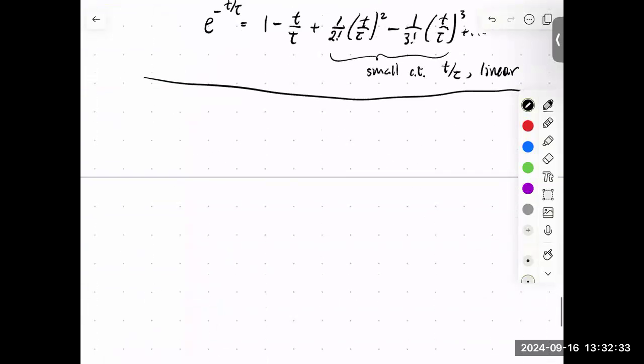Okay, let's do one other thing before we leave this, and that is, we now know the charge on the capacitor, but usually when we do circuit analysis, what's easier to measure in the lab is not the charge on the capacitor necessarily, but the current in a circuit, for example.